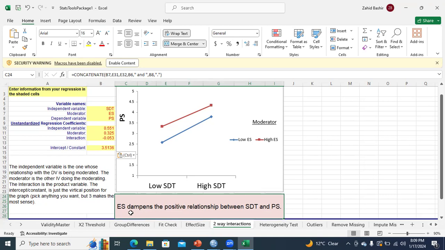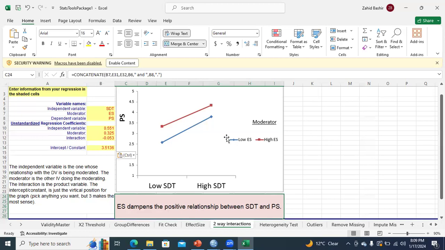So you can see that the impact of ES basically dampens the positive relationship between SDT and PS. So we can say that the impact of SDT is decreasing on PS due to the inclusion of our moderator. So you can see there is a steeper line, there is a flatter line.